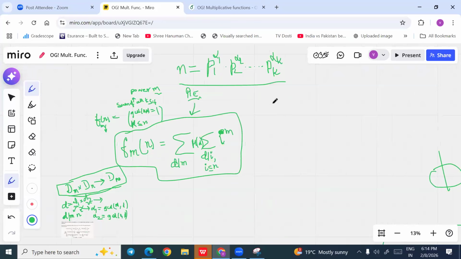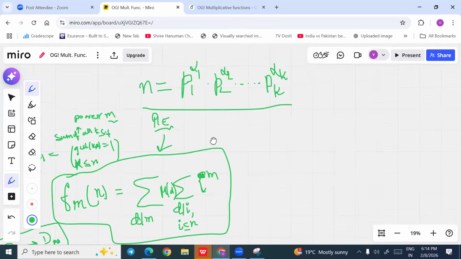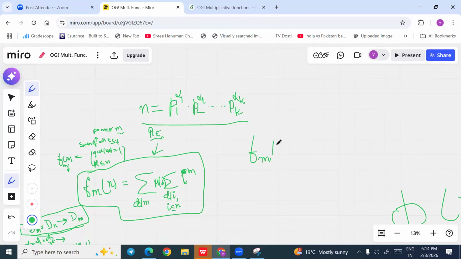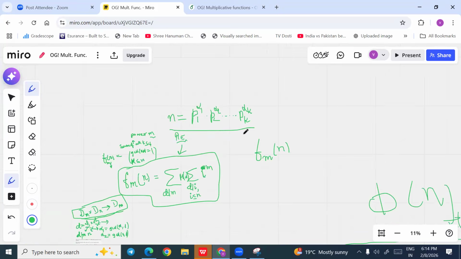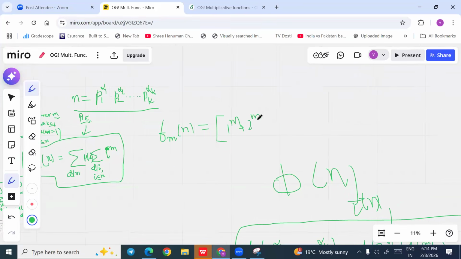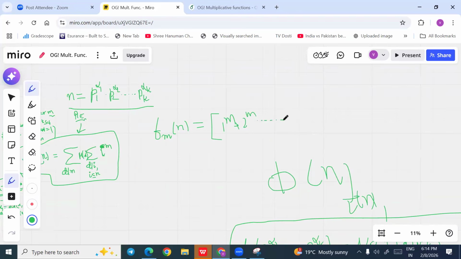Then what you could write is f of m of n, and first of all you would try to sum all the powers of m. Right, so 1 to the m plus 2 to the m, dot dot, plus n to the m.